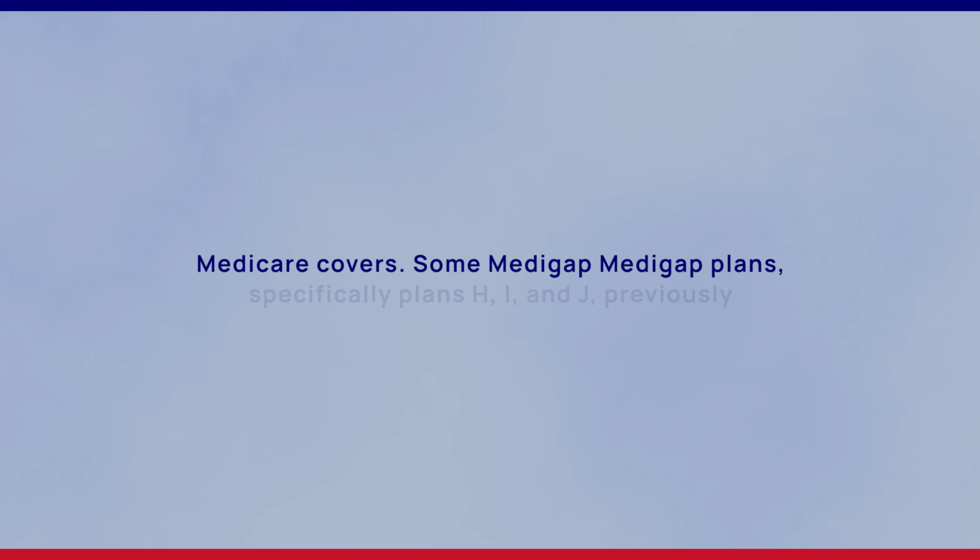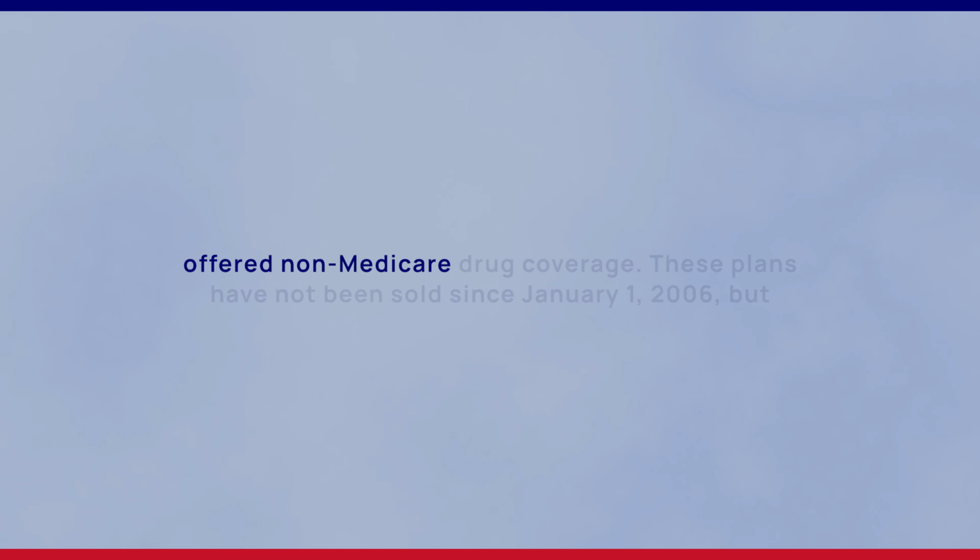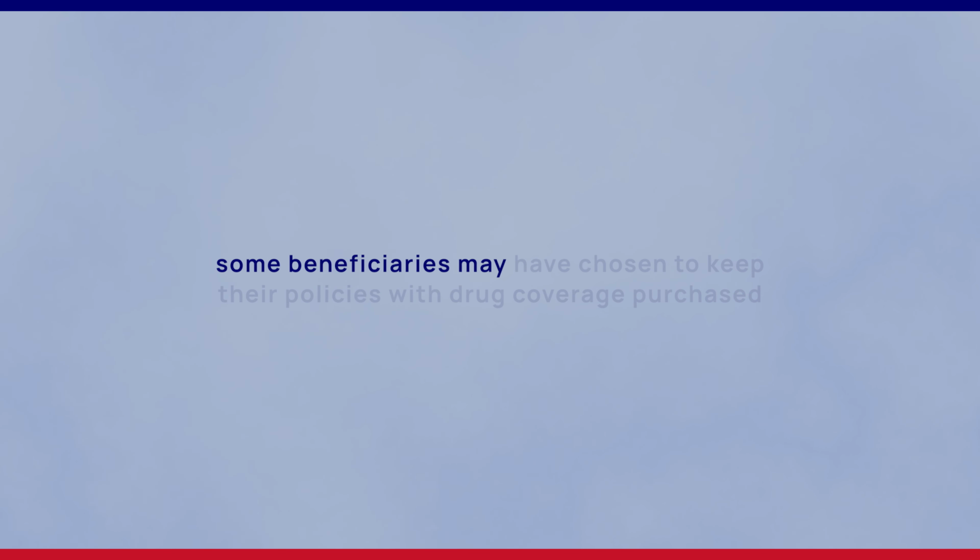Some Medigap plans, specifically plans H, I, and J, previously offered non-Medicare drug coverage. These plans have not been sold since January 1, 2006, but some beneficiaries may have chosen to keep their policies with drug coverage purchased before that date.